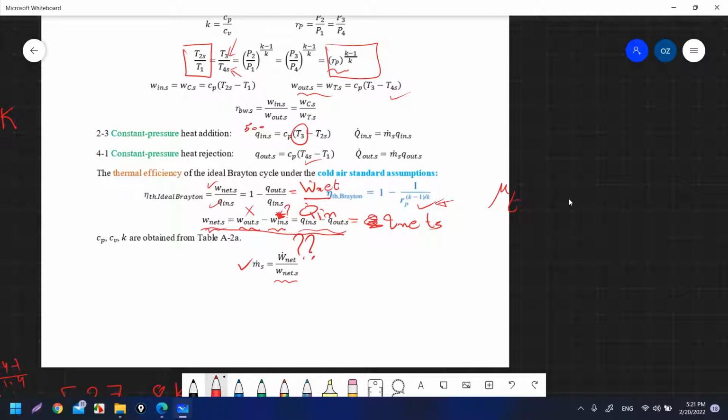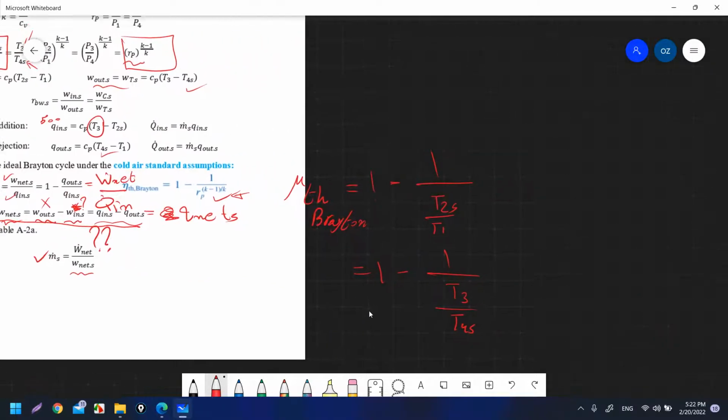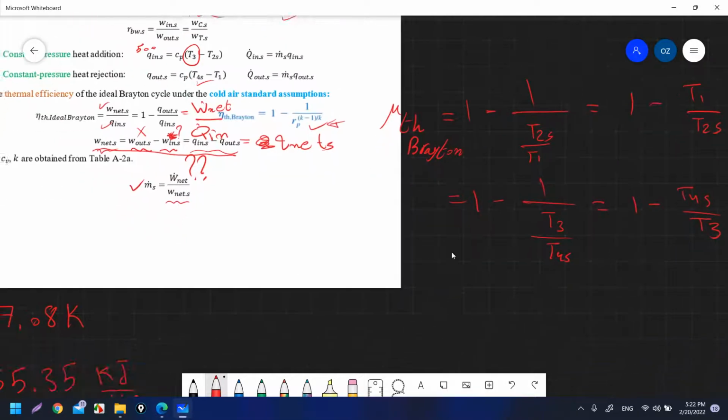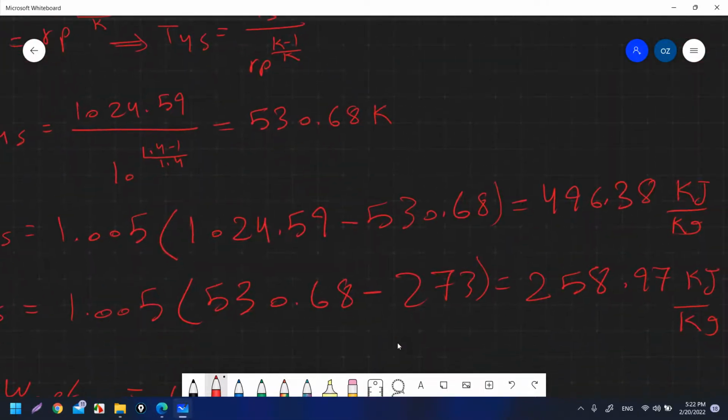I can write the thermal efficiency for Brayton as 1 minus 1 over T2S over T1, and also it is equal to 1 minus 1 over T3 over T4S, which equals 1 minus T1 over T2S, and also 1 minus T4S over T3. So you can use any one of these 4 equations, and they will give you the same number.